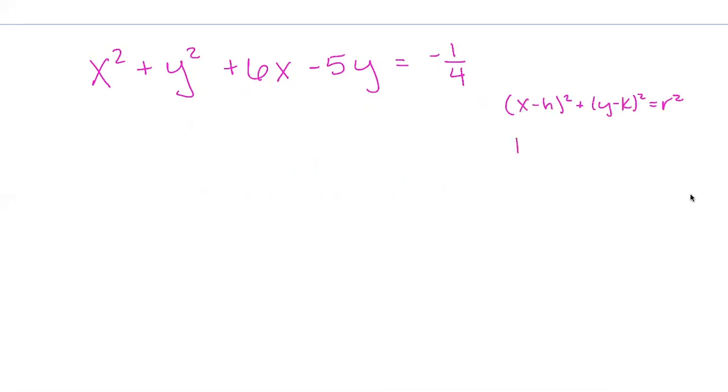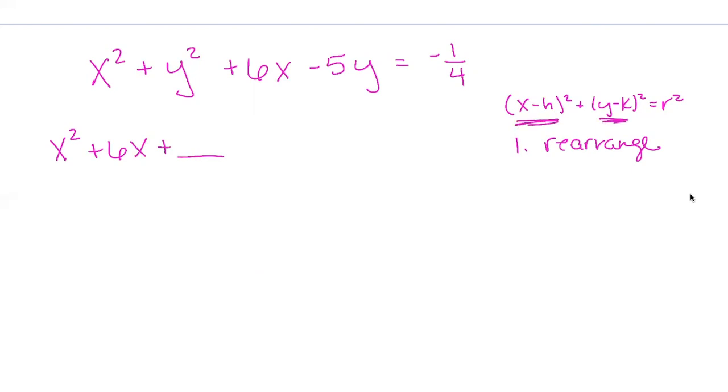Our first step is to rearrange. When I say rearrange, we're going to get all our x's together and our y's together. Now, when we do this, we're going to add some things in here. So we're going to say x squared plus 6x plus, and then I'm going to put a blank. The reason I'm doing this is because we want to get it to look like this.